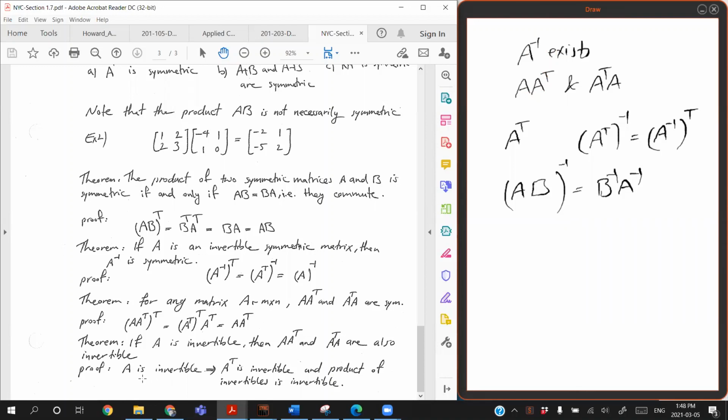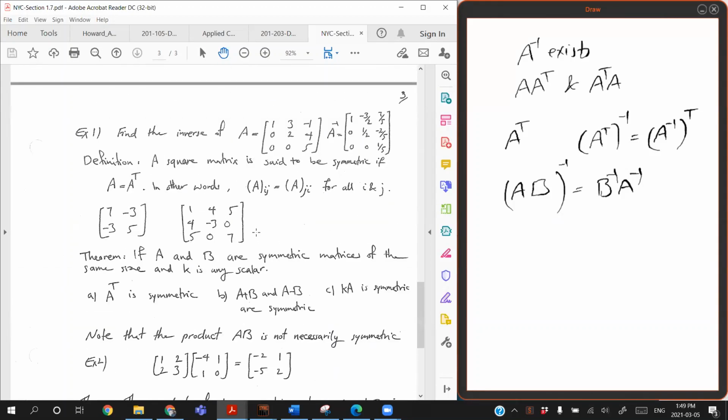So this is the proof. A is invertible. That means A transpose is invertible. And the product of two invertible matrices is invertible. So that will make A times A transpose or A transpose times A, both of them invertible. Okay, I'm done with this lecture.